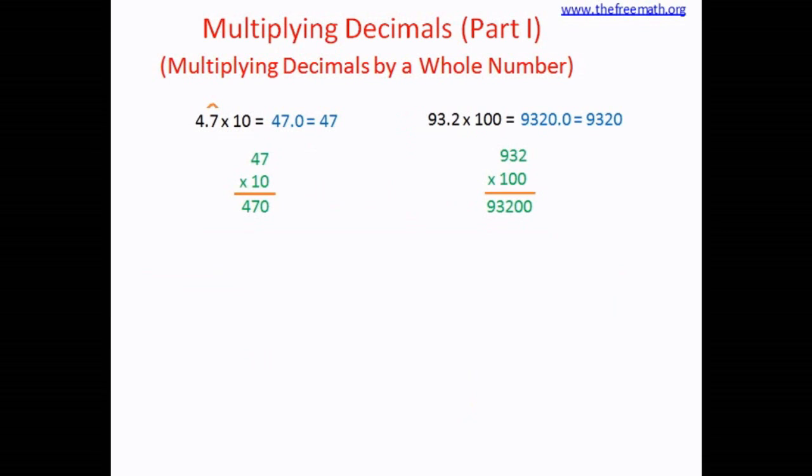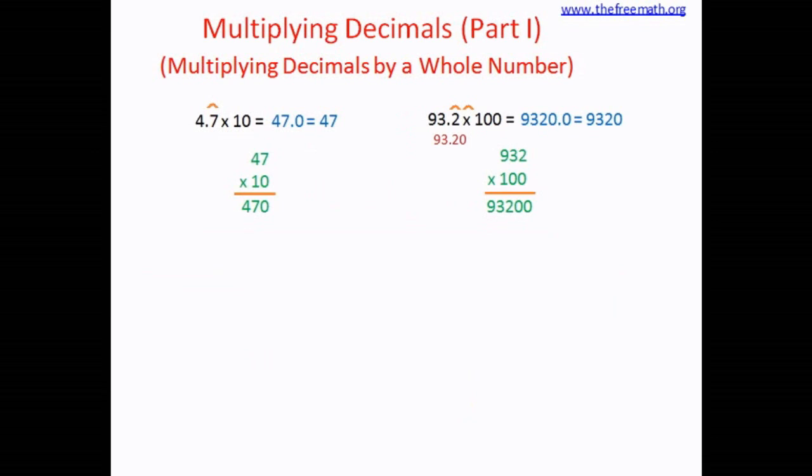In case of 93.2 multiplied by 100, the decimal point hops over 2 digits, but there is only one digit there. You can see that there is 93.2, but we know that 93.2 is same as 93.20.